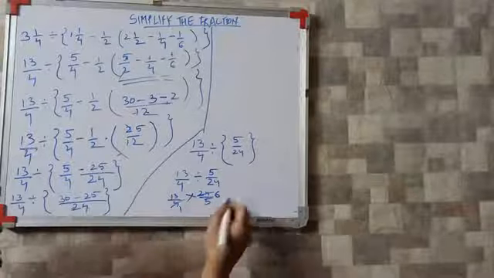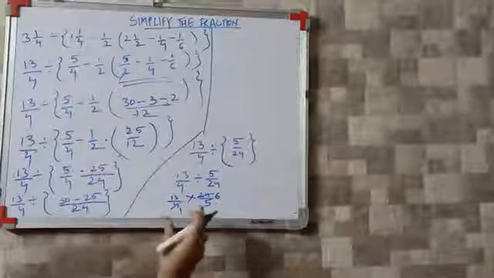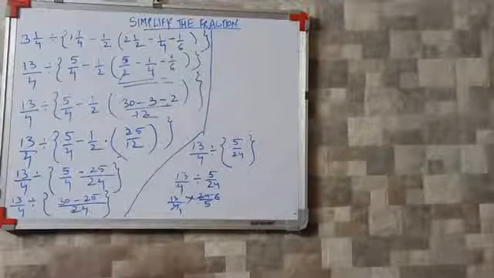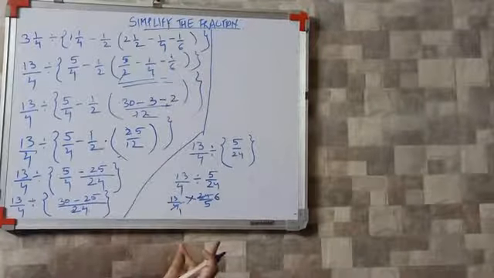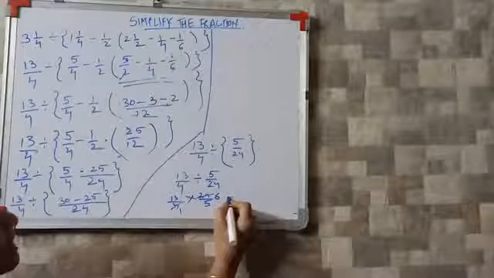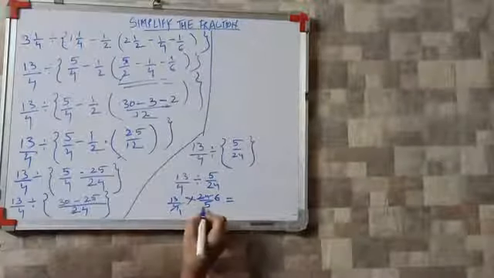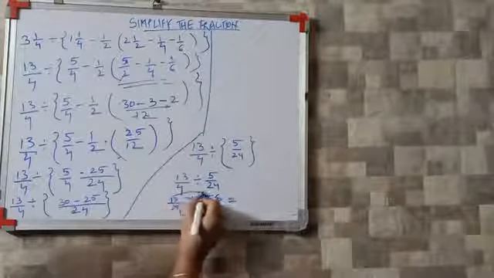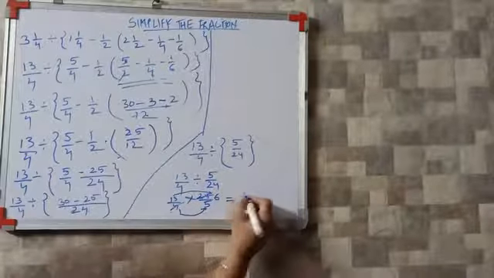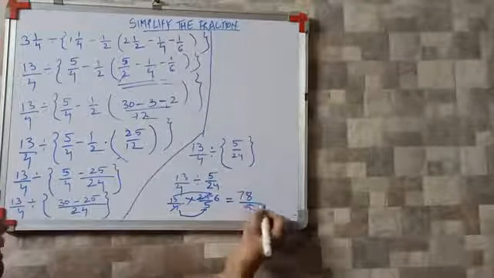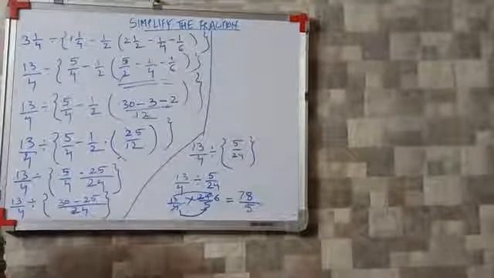Now see here, this will not be cancelled more because 13 and 5 have no common factor. 6 and 5 also, both do not come in the same table, so there is no common factor. So what will we do? Denominator will be multiplied and numerator will be multiplied. So 13 6s are 78 and 5 ones are 5. The answer is 78 upon 5.